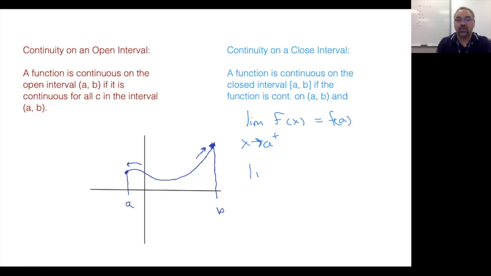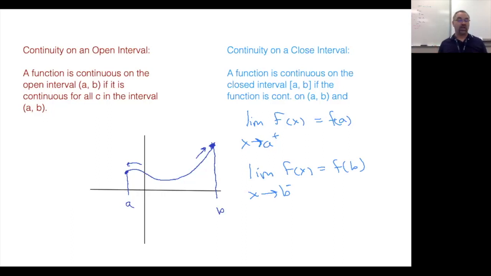And the limit as x approaches b from the left side equals f of b. So there you go, the definition of continuity on a closed interval, and it involves some new notation, a one-sided limit.